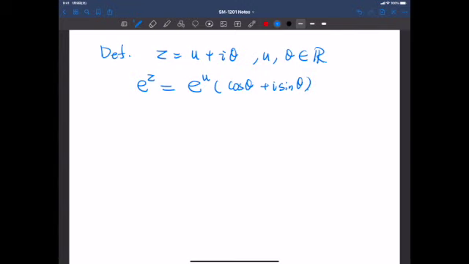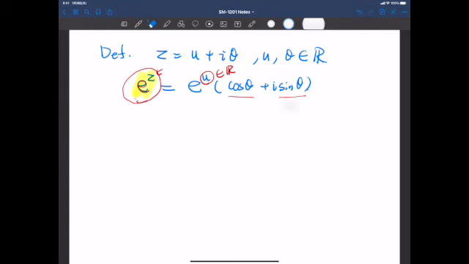Here we are defining this function where z is a complex number. But exp of u is already defined because u is a real number, and cosine theta and sine theta we have already defined. So here we are defining a new function, the exponential function with this constant e, e to the power of z, where z is a complex number.